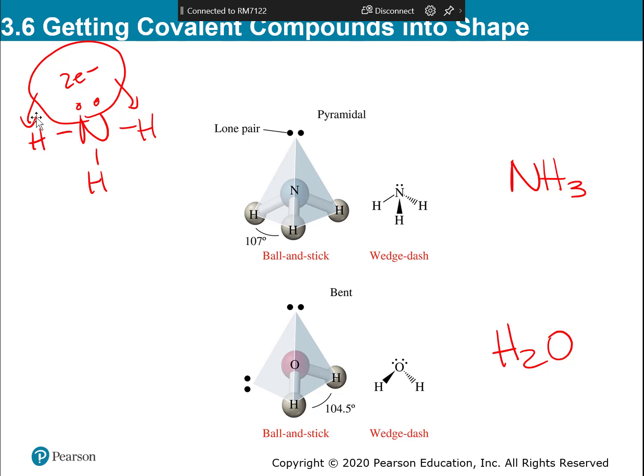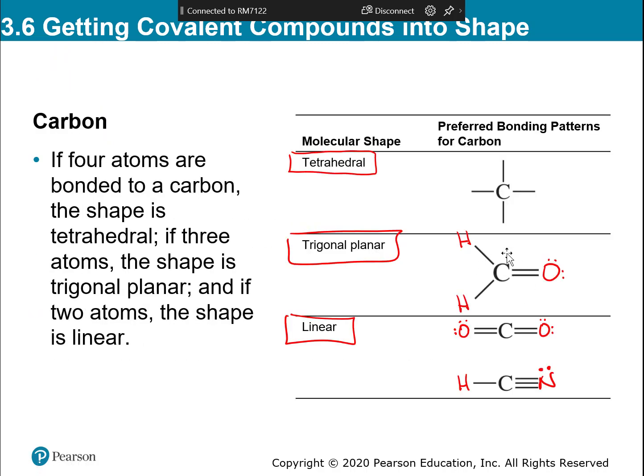So what it does is it pushes those bonding pairs away, and that ends up creating a molecule that's a little bit raised. So instead of this being flat, like when we looked at here, do you see how this has 3 groups attached, the trigonal planar? Carbon has a hydrogen, then a double bond oxygen.